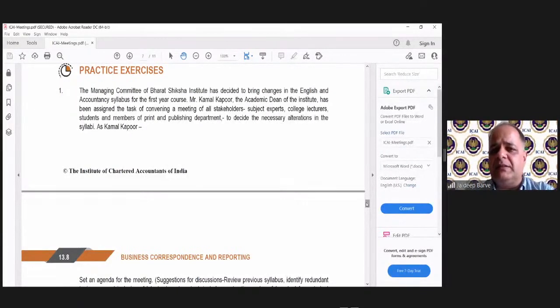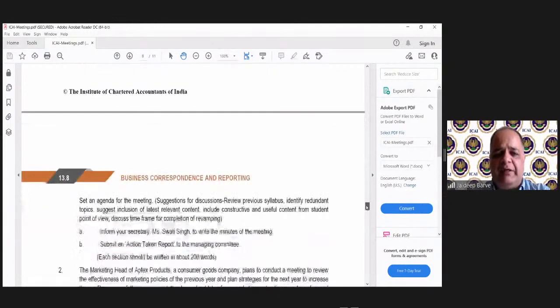Stakeholders are subject experts, college lecturers, students, and members of the print and publishing department, to decide the necessary alterations in the syllabi. The agenda you already wrote. Now Kamal Kapoor is asking his secretary, Swati Singh, to write the minutes of the meeting. You should now write the minutes of the meeting.